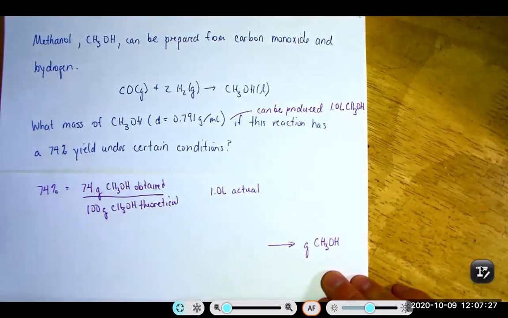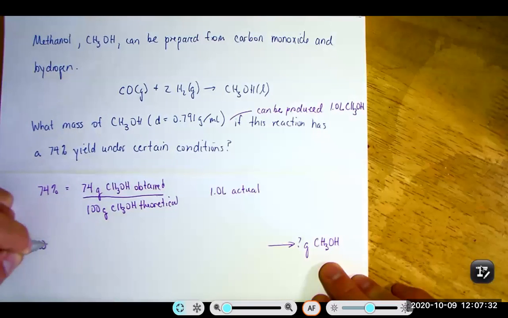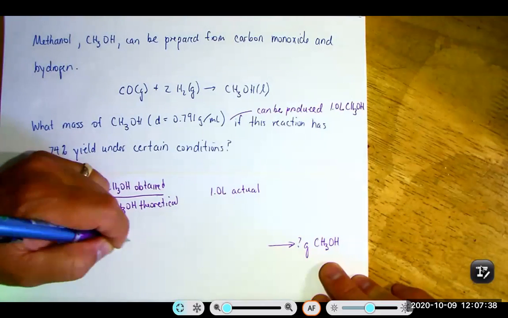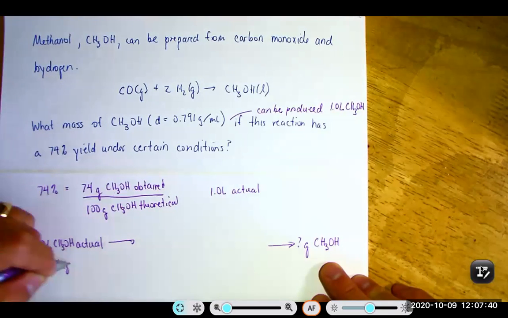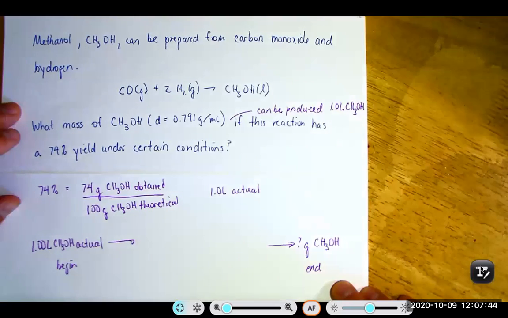That's the answer. If we start off with 1 liter of methanol actual. So here's where we're going to begin, and here's where we want to end. So do you follow me so far? We good?